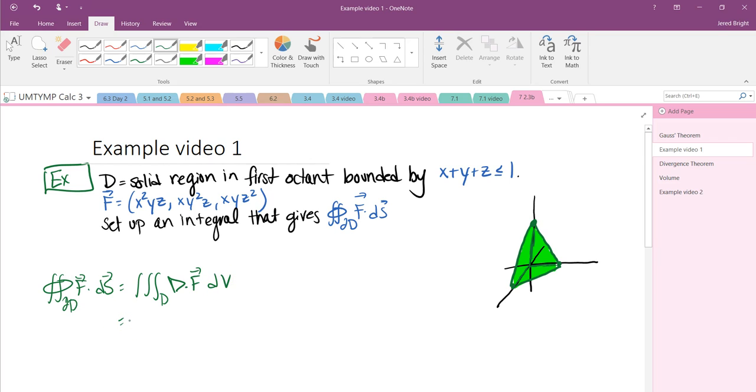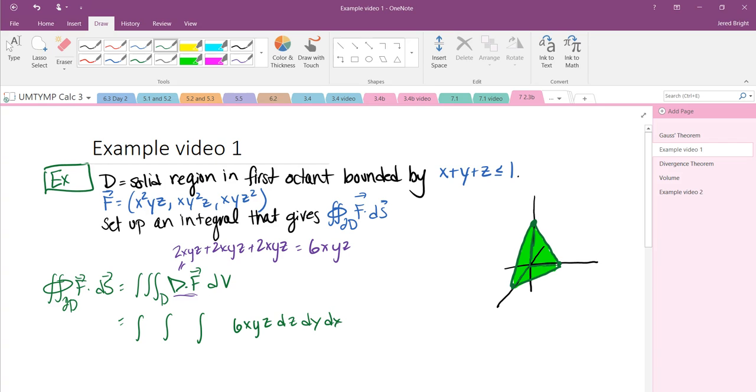Now if I figure out the divergence of F, what I end up getting is 2xyz plus 2xyz plus 2xyz. Well, that works out magically: 6xyz. I'm going to leave some room because I need to figure out the bounds, and then 6xyz, and for my order of integration, I'm going to do dz, dy, dx.